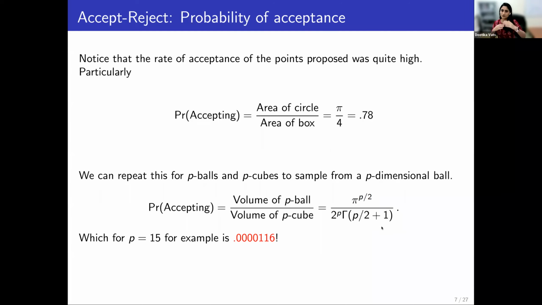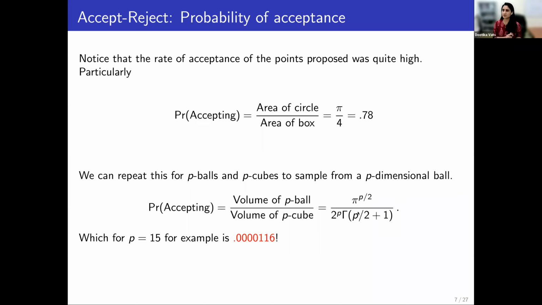And the ratio of the volumes really contracts, which means the probability of accepting is the volume of the p ball divided by the volume of the p cube. We sort of know the curse of dimensionality, etc. And so this becomes pi to the power p/2 divided by this gamma function times 2 to the p. That's all fine. So let's put in p equals 15.